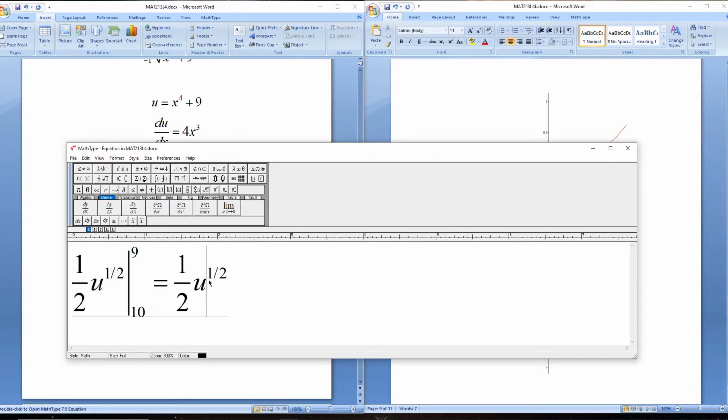The square root of 9 is 3. And it's f of b minus f of a. So now we're going to take the function and put a into it. A in this case is 10. So we're going to have the square root of 10.